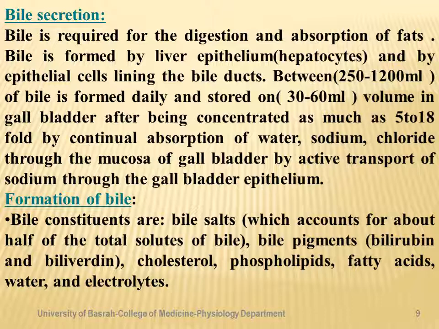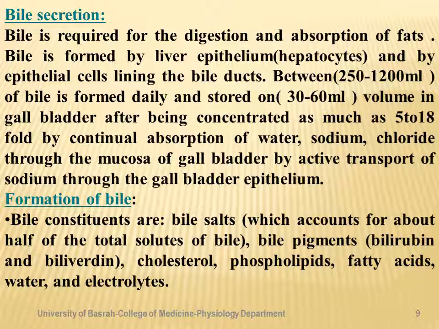After being concentrated as much as 5 to 18 fold by a continual absorption of water, sodium and chloride through the mucosal lining of the gallbladder by active transport of sodium through the gallbladder epithelium.